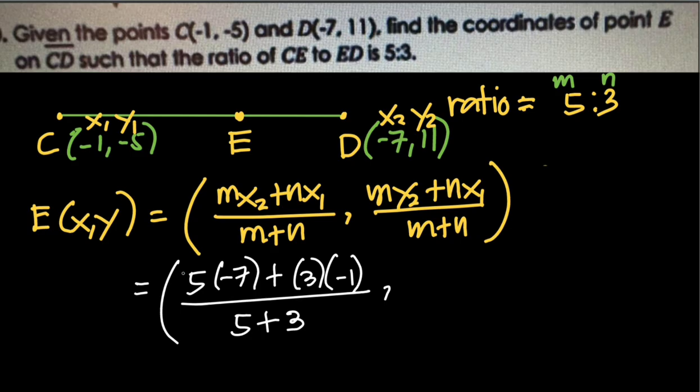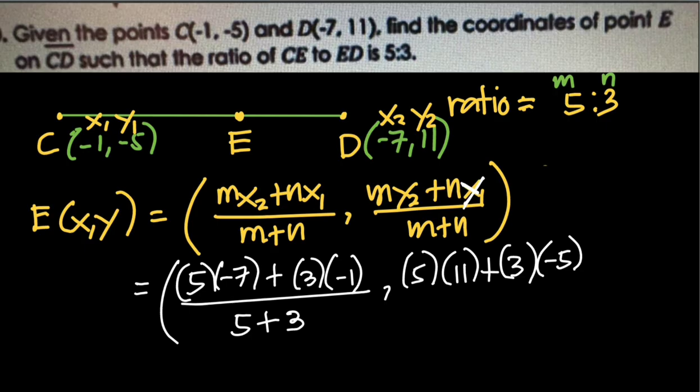And then 5 times y2, which is 11, plus 3 times y1, which is -5, over m plus n.